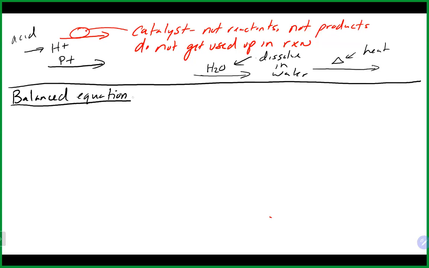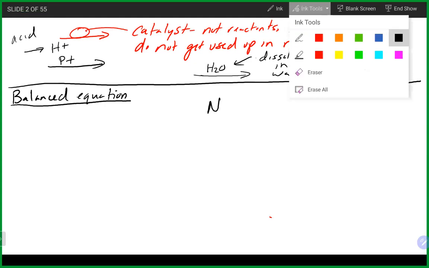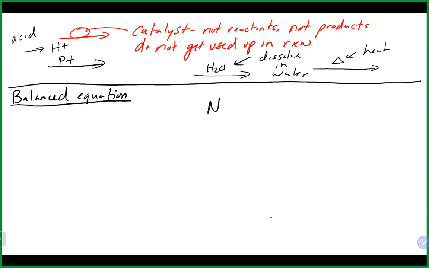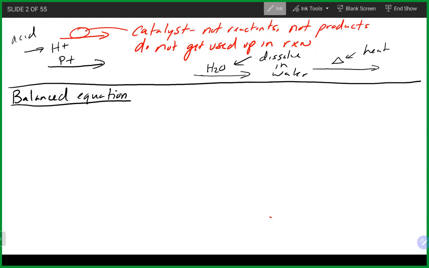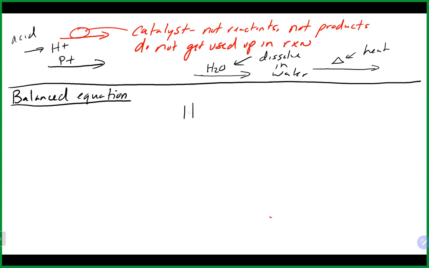Well, we basically need to make sure that we have the same number of elements on each side. So if we look at an equation such as, let's say we had H2 plus I2 goes to HI.